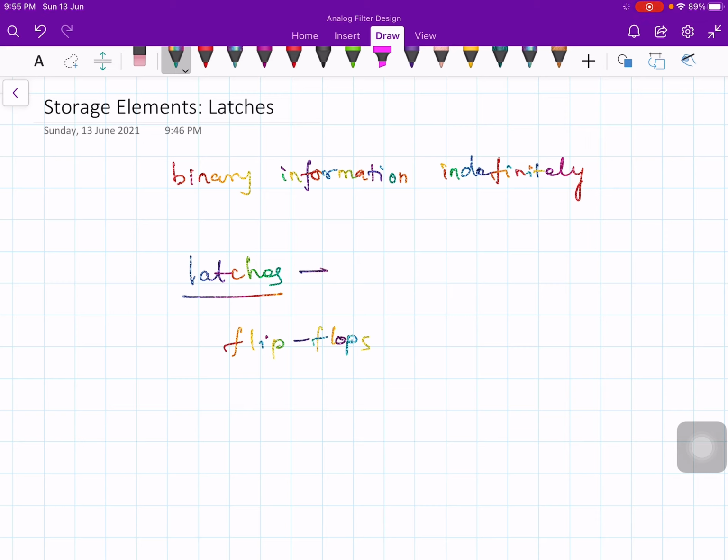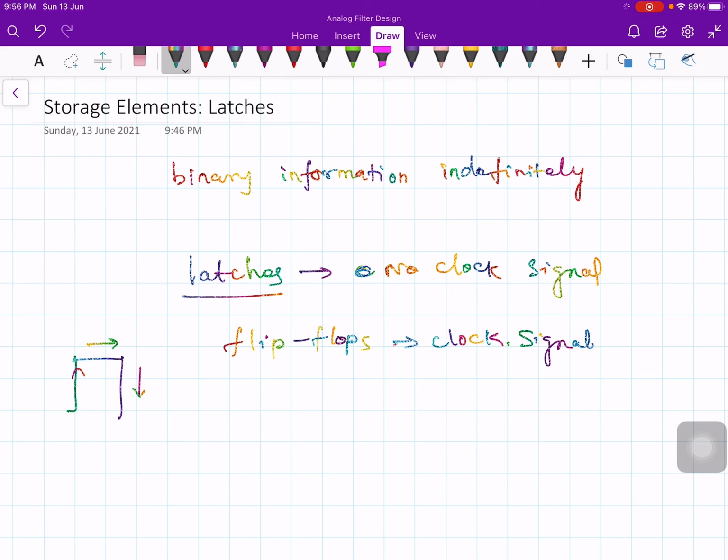So in latches we don't have any clock signal. In flip-flops, you have the clock signal. That's the difference between flip-flops and latches. A latch is said to be a level sensitive device. In the previous lecture, as I said, you have positive edge triggering, level triggering and trailing edge triggering.